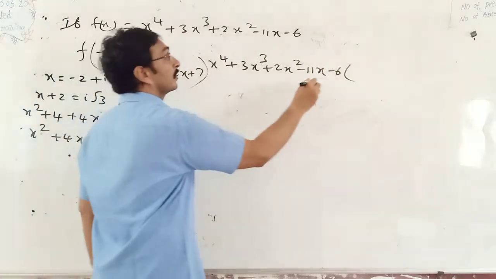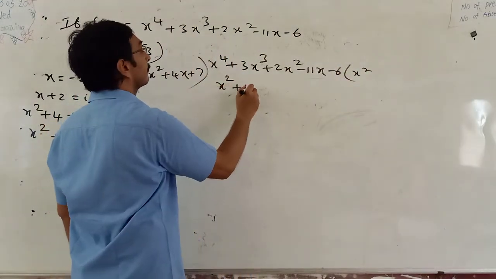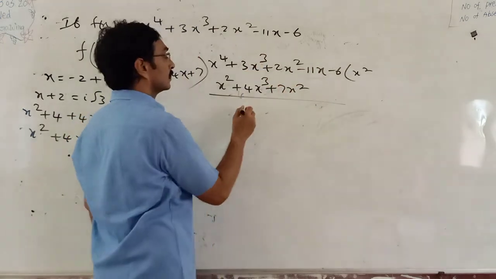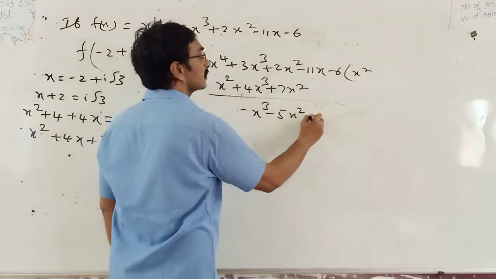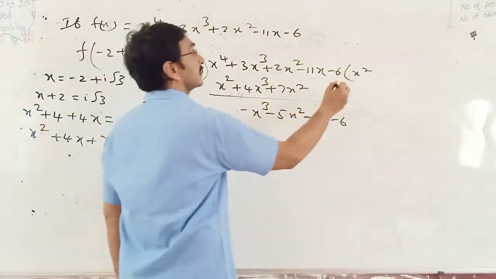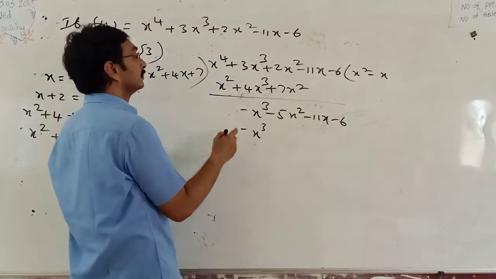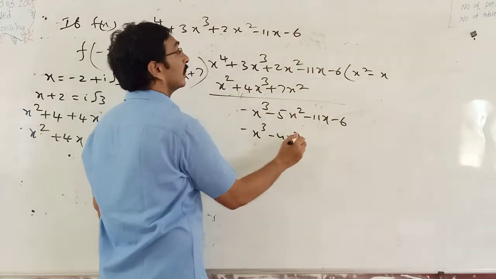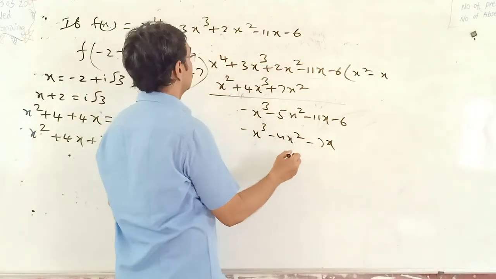X squared into x squared gives x power 4, therefore x squared times x squared plus 4x plus 7 gives x power 4 plus 4x cubed plus 7x squared. Subtracting: minus x cubed minus 5x squared minus 11x minus 6. Then minus x times the divisor gives minus x cubed minus 4x squared minus 7x.